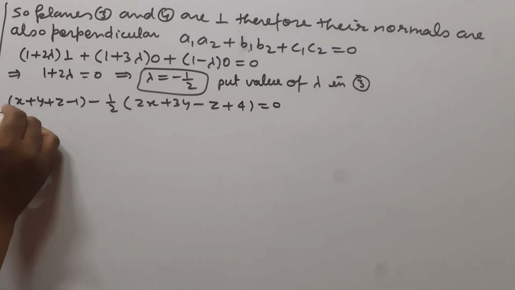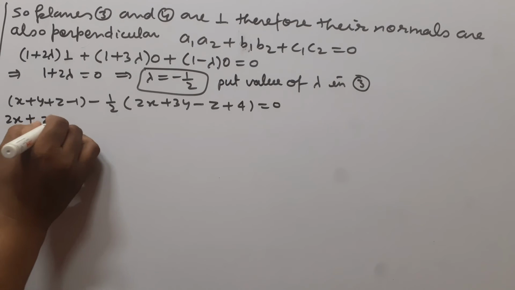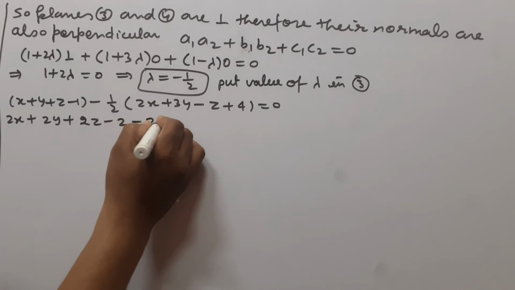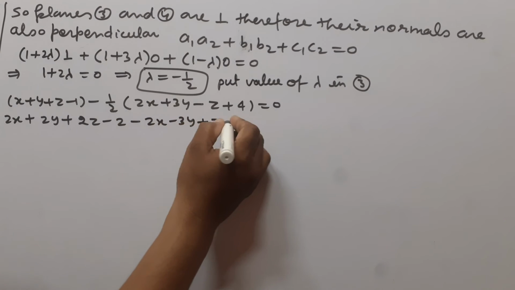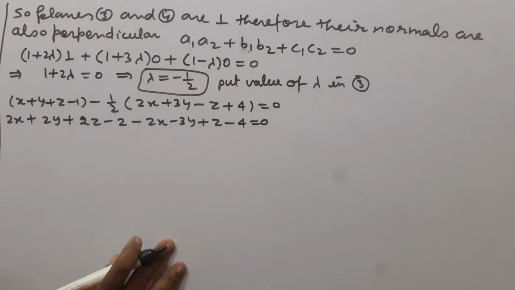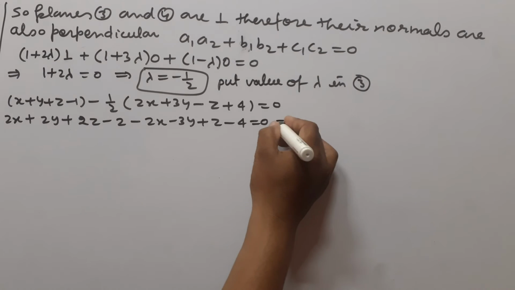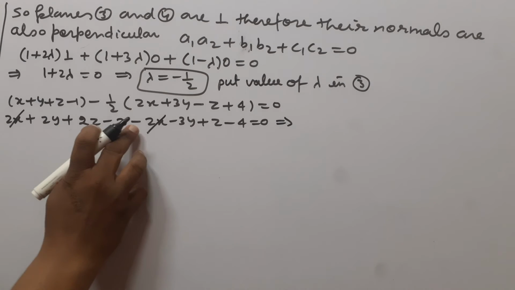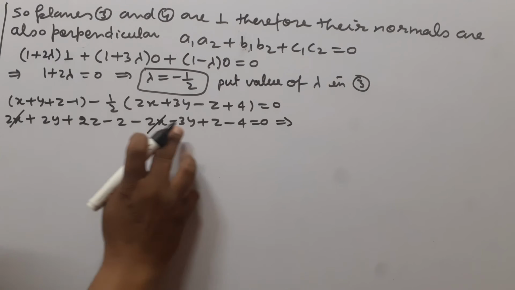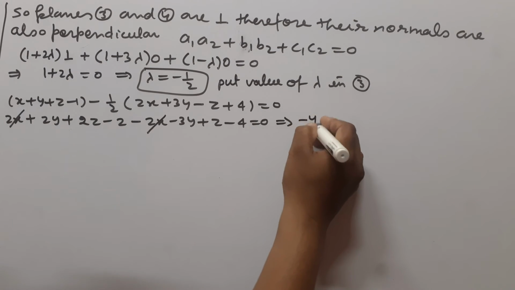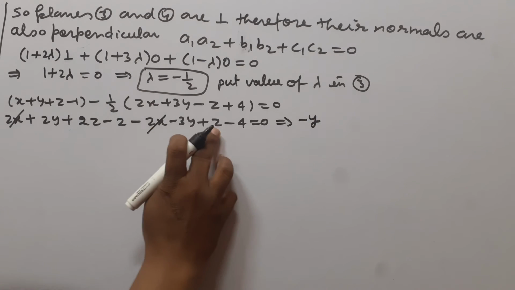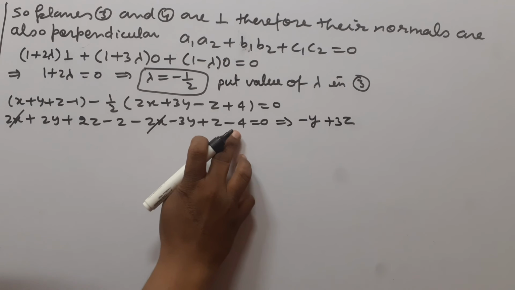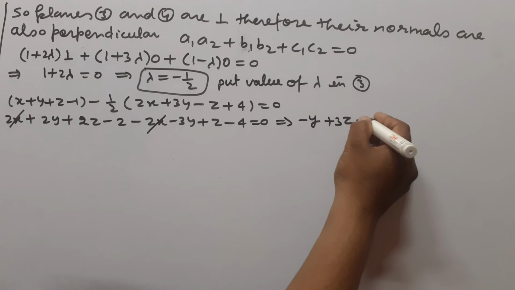So 2 multiplied by this, we get 2x plus 2y plus 2z minus 2 minus 2x minus 3y plus z minus 4 equal to 0. Now we solve this. We can see here this 2x cancels out because this is plus, this is minus. This 2y minus 3y we get minus y. This 2z plus z we get 3z, and this minus 2 and minus 4, this is minus 6.